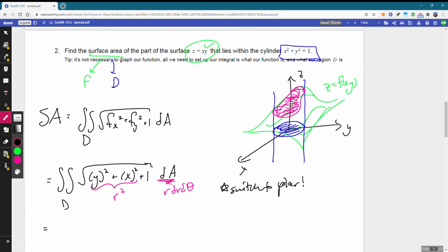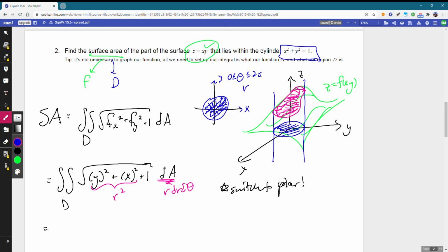All right, so in polar, here's our region of integration. So the description here, we're using angles from 0 all the way up to 2 pi.